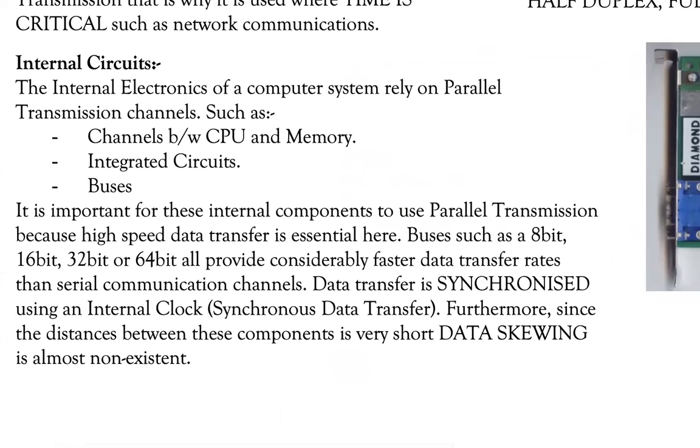All activities inside your computer are controlled by some sort of clock mechanism, which we are familiar with as the internal clock. So the processor clock maintains all activities inside the computer. Because of this, those are known as synchronized data transmission.